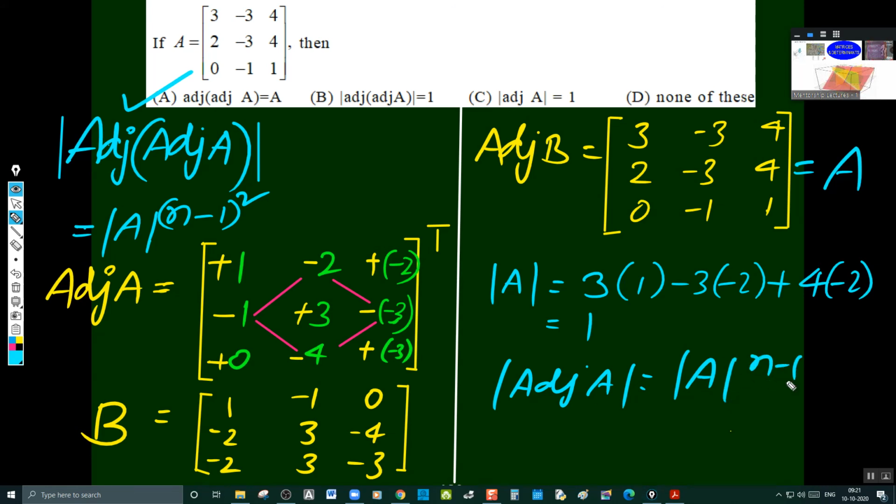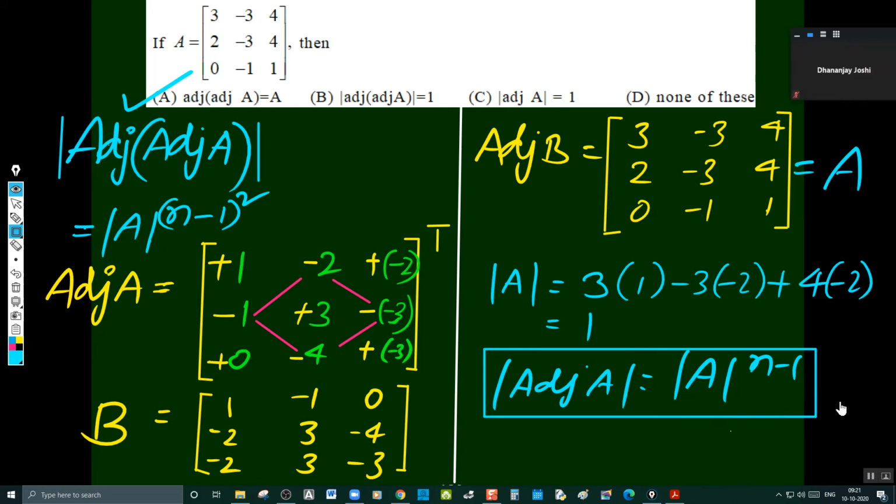If you forget, this is a frequently used one in the objectives. You don't find the time to do all this in objective examinations. That is why you have to make use of this. And det A we have already got to be 1. So det of adjoint A is also 1. So what are the answers now? A, B, and C. Clear?